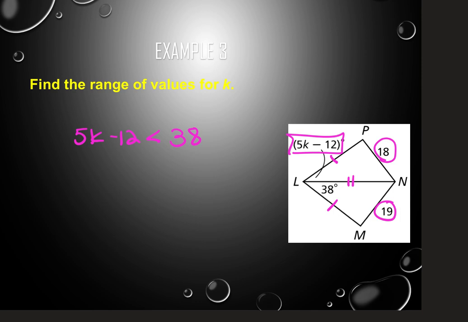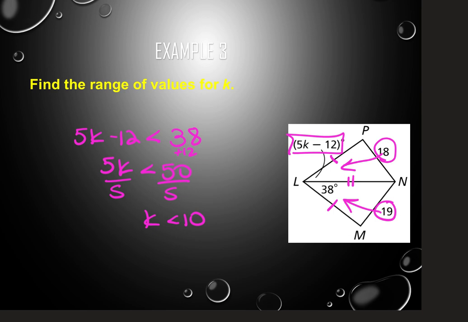Because again, the 18 is smaller than the 19, so the 38 has to be bigger. So when I solve this, I get 5K, I add the 12, is less than 50, and K has to be less than 10.